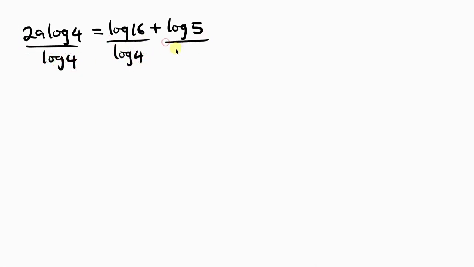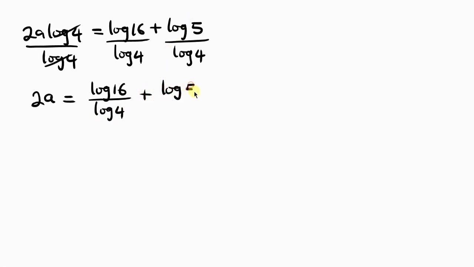I'll divide this by log 4. Now notice that log 4 can cancel out log 4 so that we have 2A on the left hand side to be equal to log 16 all over log 4 plus log 5 all over log 4.